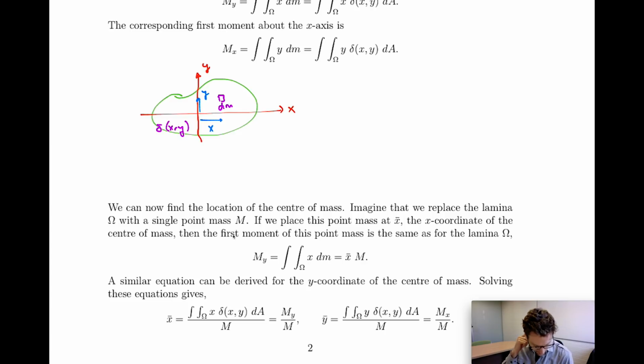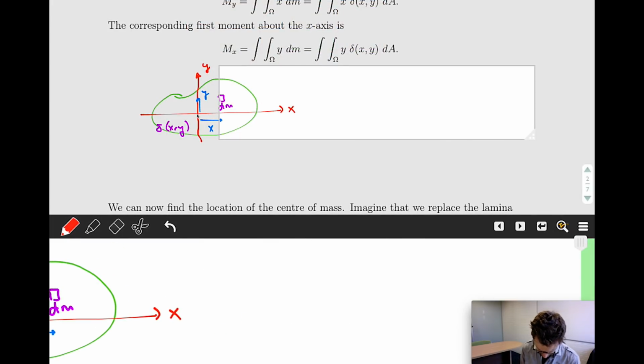So this now allows us to think about where I should put the origin, where I should put my cross, so that this thing actually doesn't rotate at all. If I could figure out exactly where to balance this object, where would I need to put the center? And that is exactly the center of mass. Basically, we're imagining replacing this complicated object with a single point.